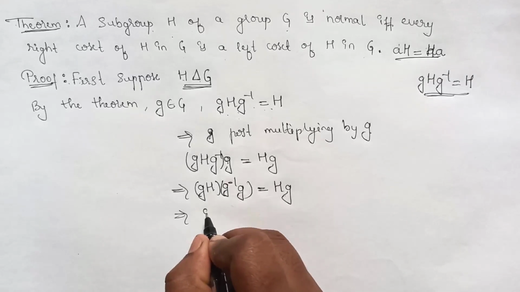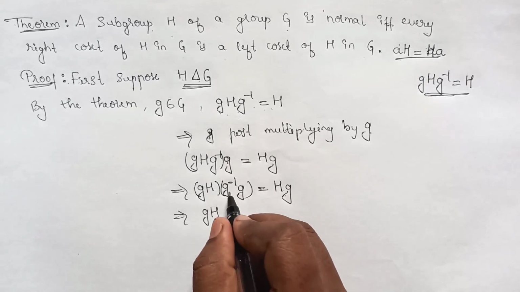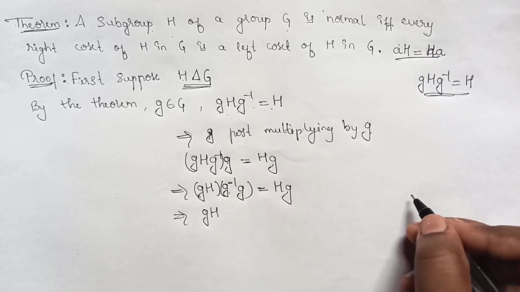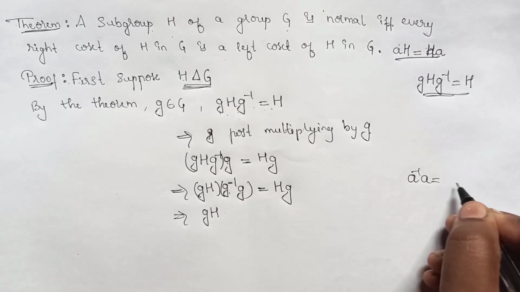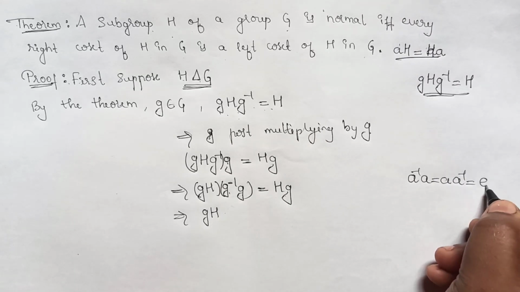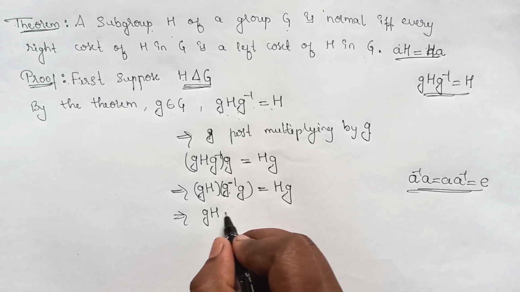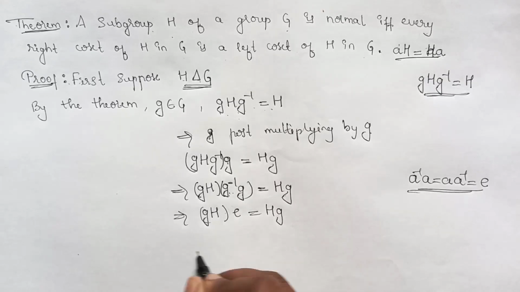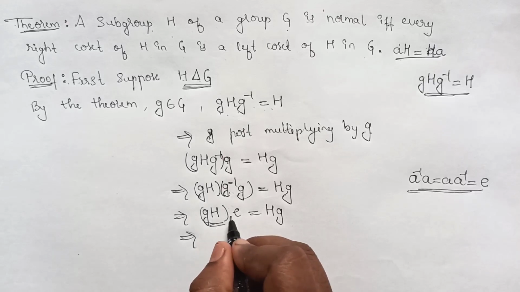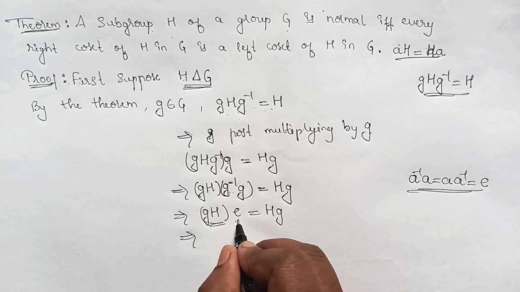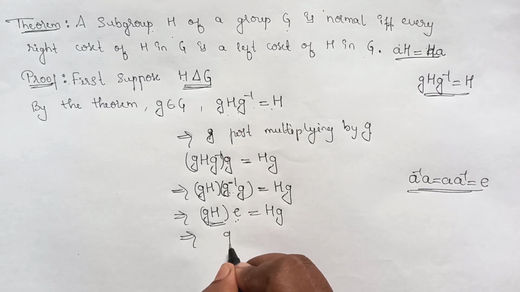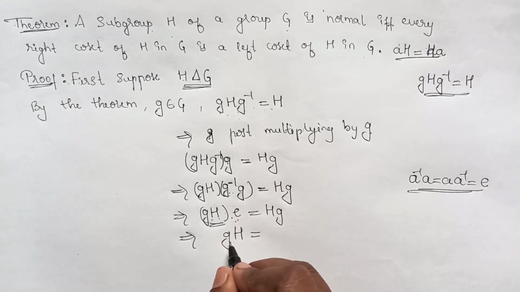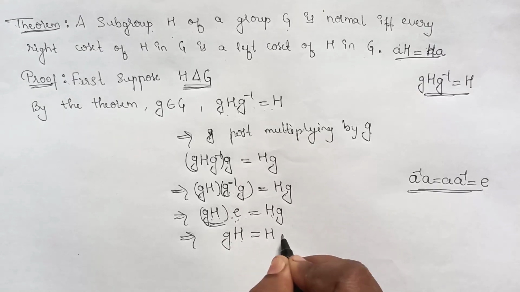Or gH as it is, g inverse into g equals the element e, because a inverse a or a into a inverse equals e, by using this rule we can write g inverse g equals e, equals Hg. Any element, if you operate with the identity element e, you will get the same element only, that is gH. So gH into e equals gH only, equals Hg.